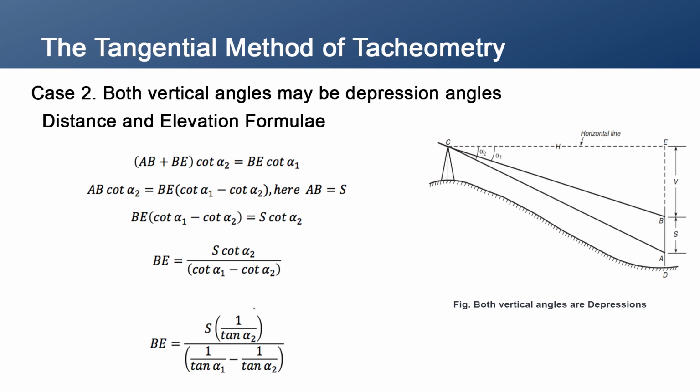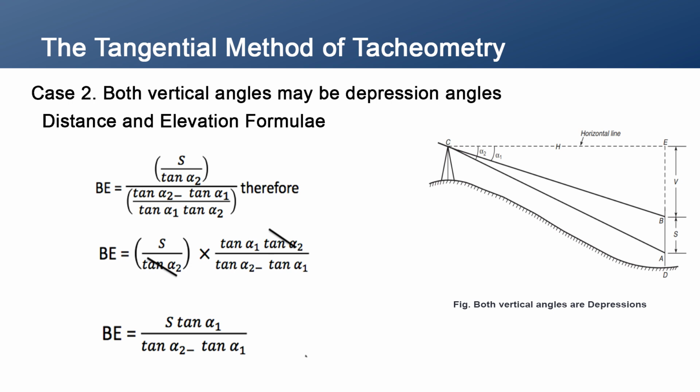This results in AB cot alpha 2 is equal to BE (cot alpha 1 minus cot alpha 2). Here, AB is S. So, substituting that, we arrive at BE (cot alpha 1 minus cot alpha 2) is equal to S cot alpha 2. And this leads to BE is equal to S into (1 by tan alpha 2) by (1 by tan alpha 1 minus 1 by tan alpha 2).